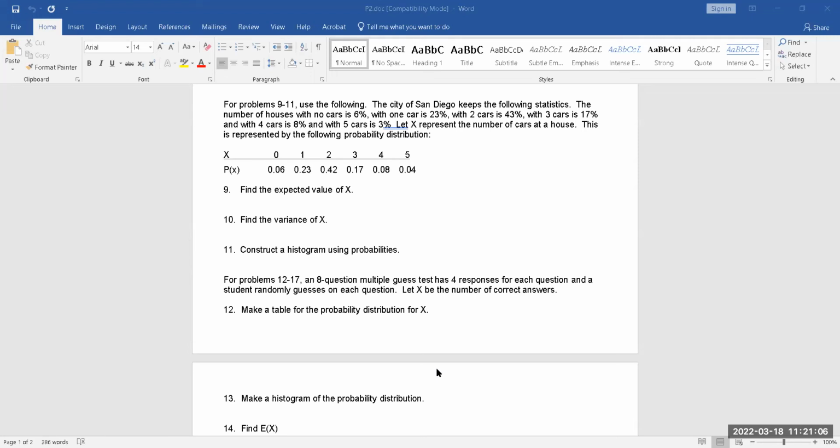The next one is 0.42, so that's really tall. The next one, 0.17, about there. The next one, 0.08, a little bit less. Oh, I said 6. There's only 5 cars. It doesn't go to 6. And then the last one, 0.04, maybe about there.